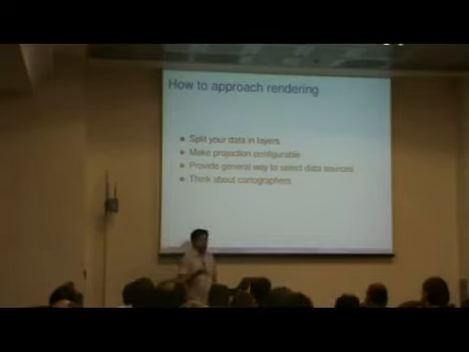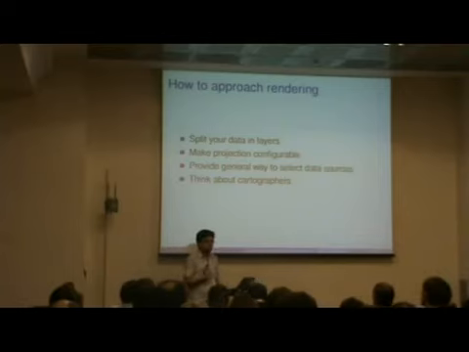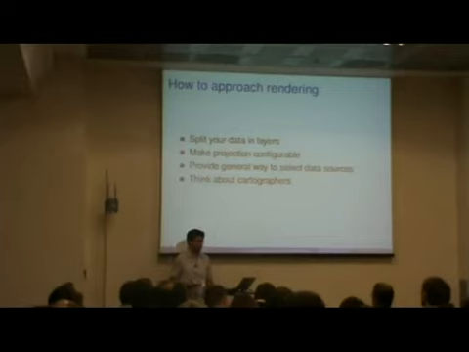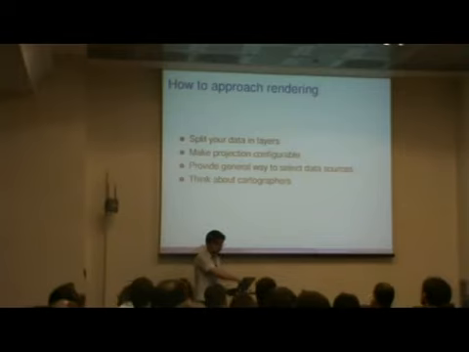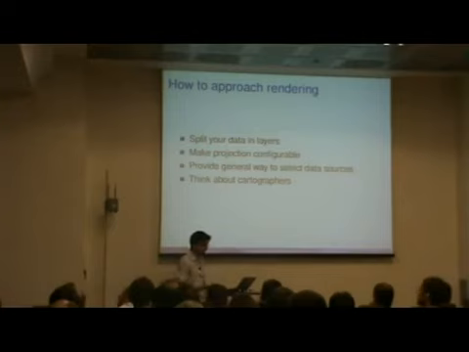Provide a general way to select data sources, because even if you're using only OpenStreetMap data, some data formats are a little bit faster than others for special kinds of tasks. So, for example, continents rendering is better offset to shapefiles, so store the data in shapefiles instead of using PostGIS for this.